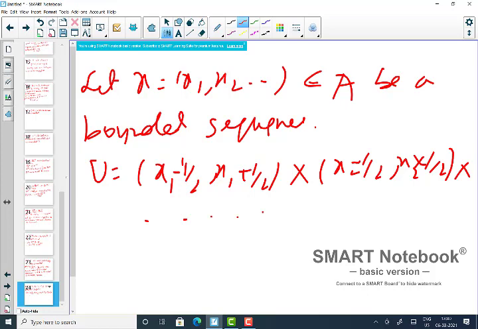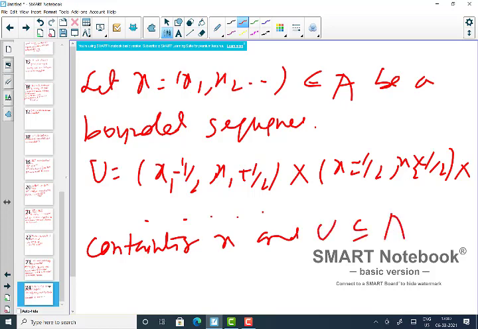So I am choosing intervals of length 1, right? And hence the intervals are also bounded, right? Now see that this is a basic open set containing x, and it is also totally inside A, because if you choose any element, it has to be bounded, because x1, x2, xn is bounded. So you cannot go beyond minus half to plus half. So what does that mean? That means every point of a bounded sequence set is actually an interior point, right?